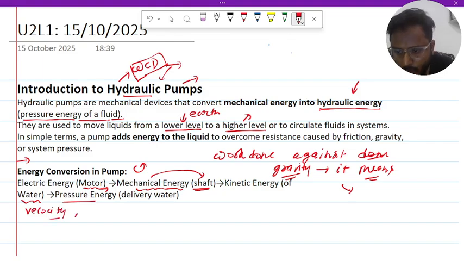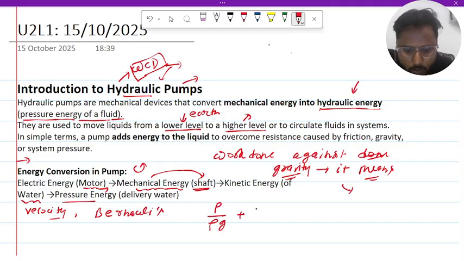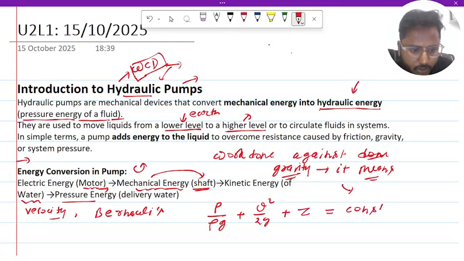And we know from the Bernoulli equation that P upon rho g plus V square upon 2g plus height, that is z, must be constant. The summation of pressure energy, kinetic energy and potential energy must be constant. This is also nothing but the law of conservation of energy.